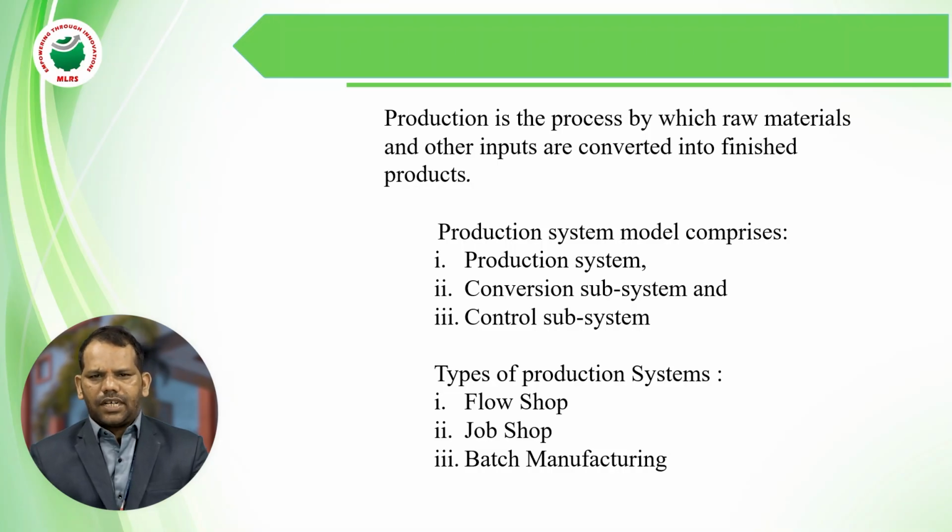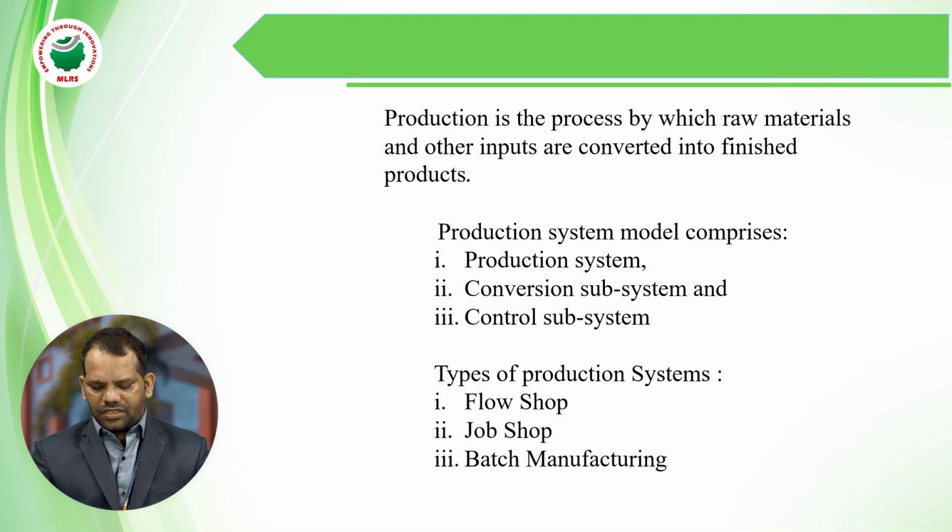For example, potato. Potato is a raw material. In work in process, we are adding some kind of flavor. The final output is chips. So it is a benefit to the organization based on the customer requirements. The production system model comprises the production system, conversion subsystems, and control subsystems.